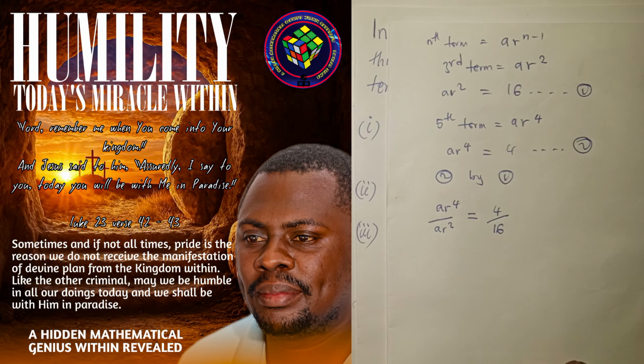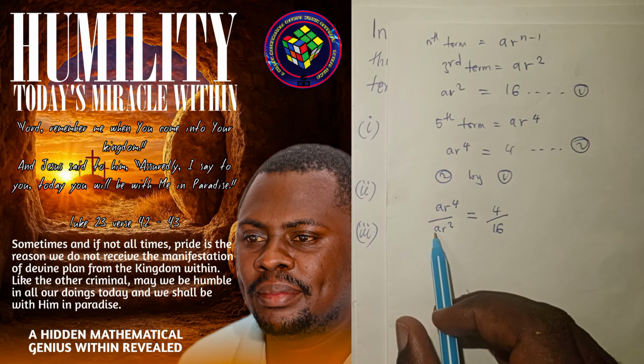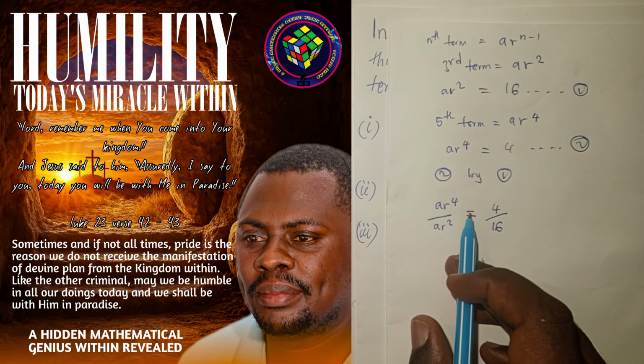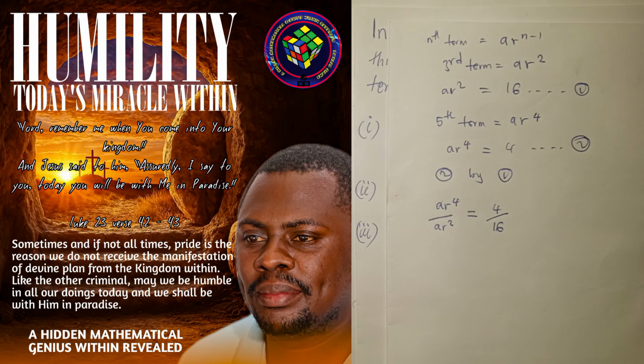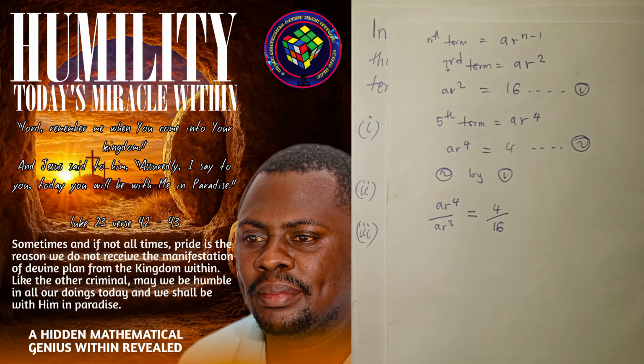Then we can see that a and a will cancel out. We remain with r to the power 4 divided by r squared. Since the bases are the same, you can just subtract the powers. So 4 minus 2, you get 2.